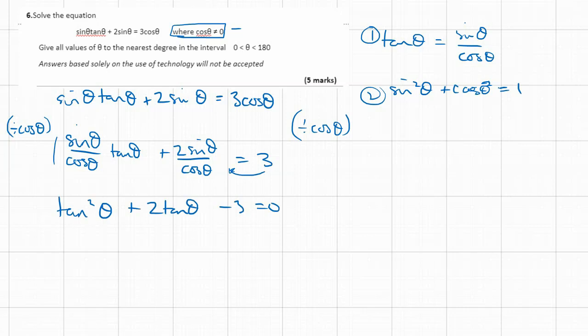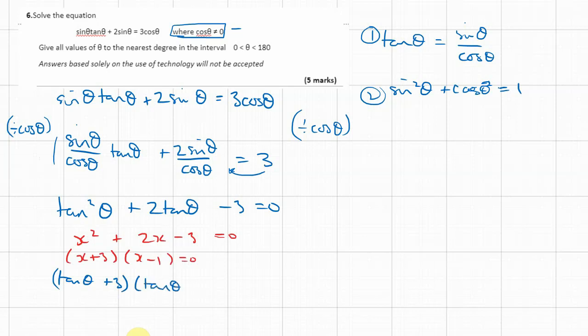If you want to, just imagine this is x, so you could think of it as x squared plus 2x minus 3, and you should know that that is (x plus 3)(x minus 1) equals 0. So if we go back to the actual working, it's going to be (tan theta plus 3)(tan theta minus 1).